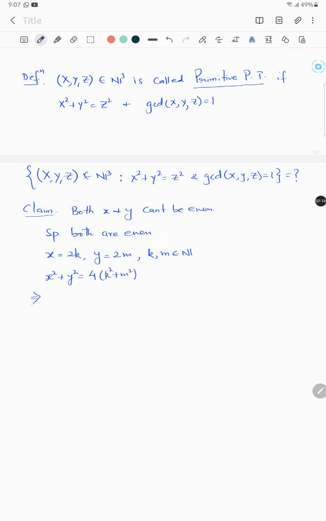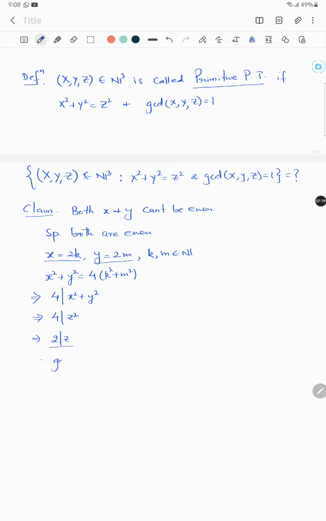So this will imply that 4 divides x square plus y square, and that implies 4 divides z square, because x square plus y square is z square. That means 2 divides z. Now x has a factor 2, y has a factor 2, z has a factor 2.